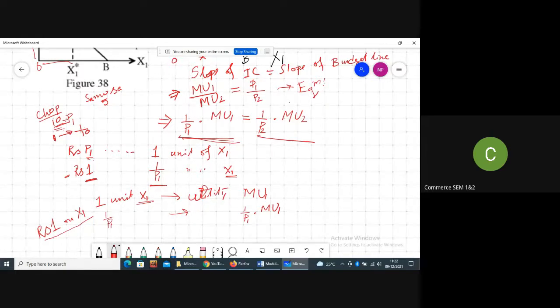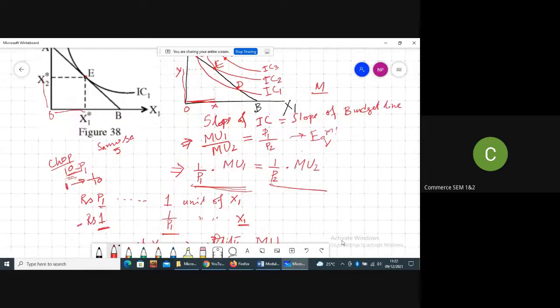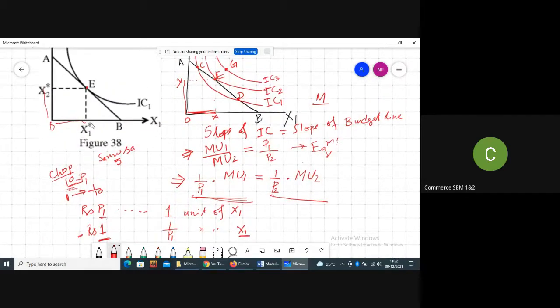So at the point of equilibrium, at point E here, the consumer will be indifferent between spending his extra 1 rupee on commodity 1 or on commodity 2.